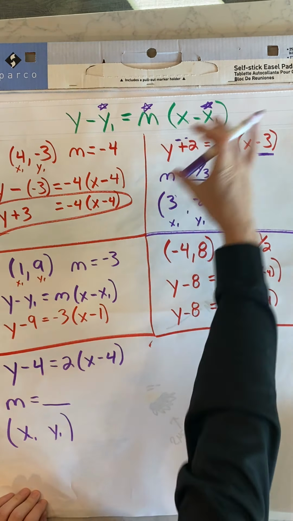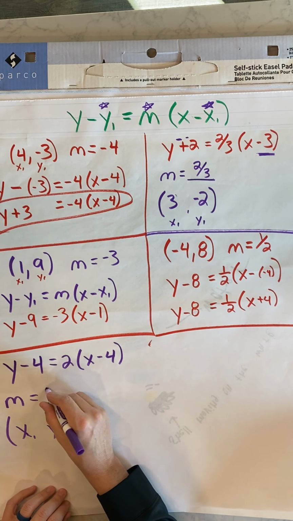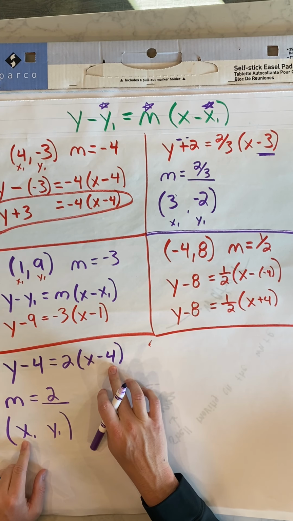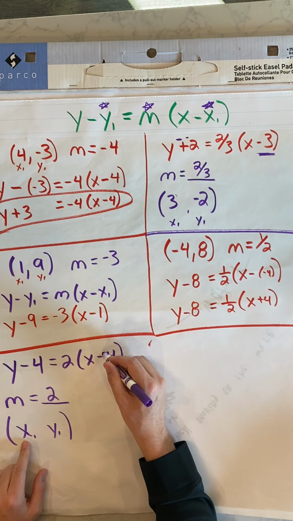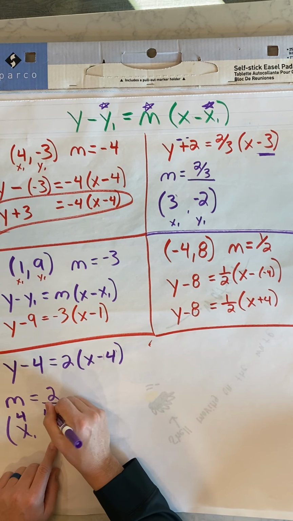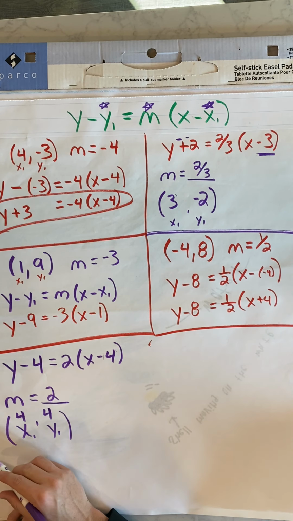Same thing, if we just keep on referring back to this, what's in green up here, the slope's easy, it's 2. x1's right here. So x1 is, remember, whatever's right here, so it's positive 4. y1 is also positive 4. Remember, it's the opposite of what it looks like there.